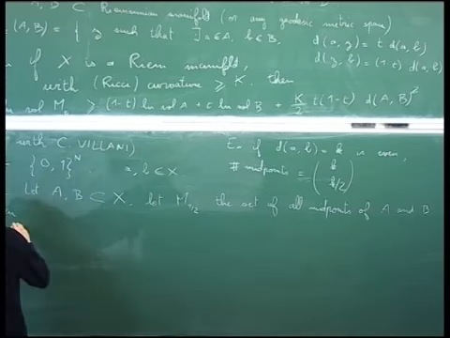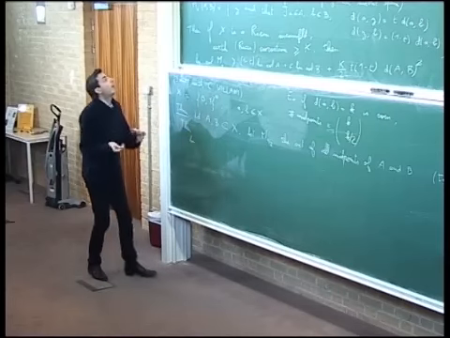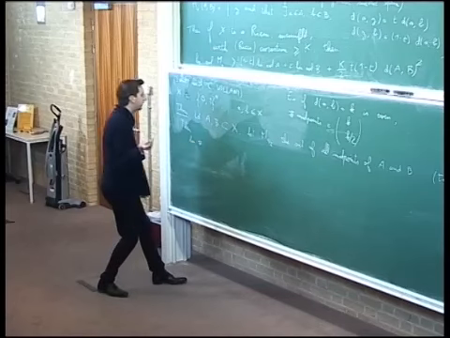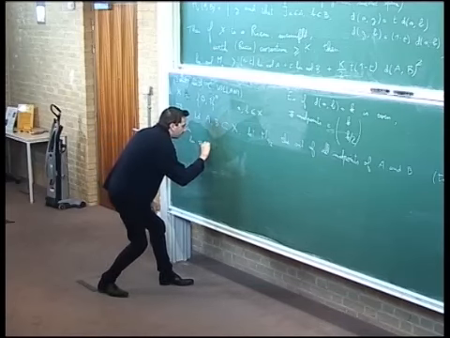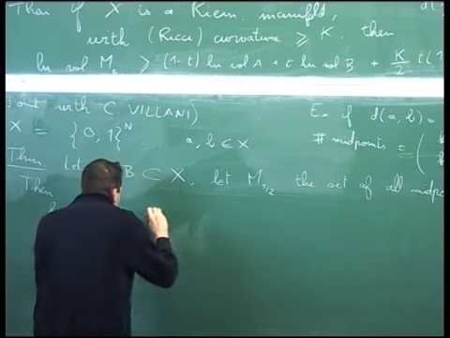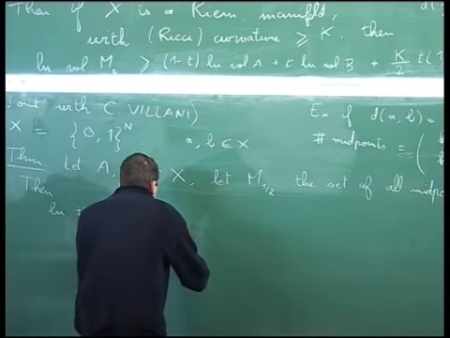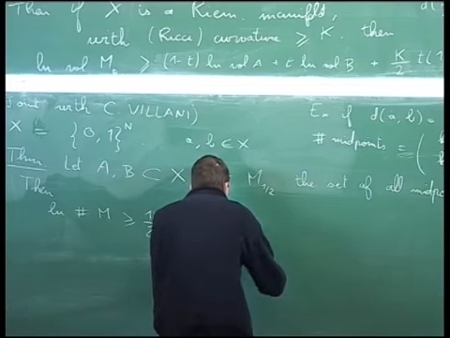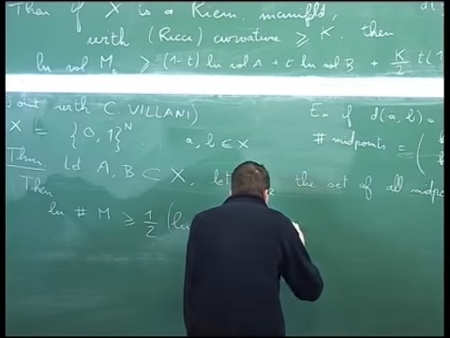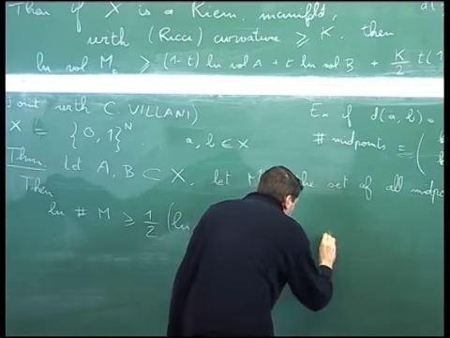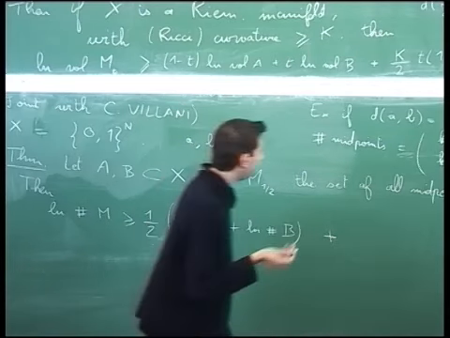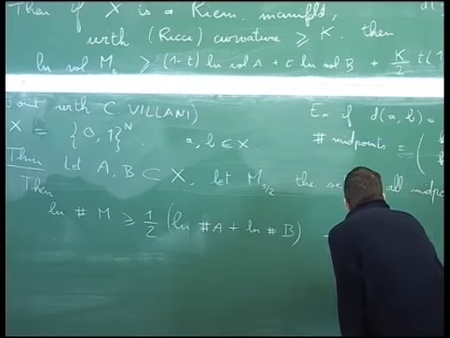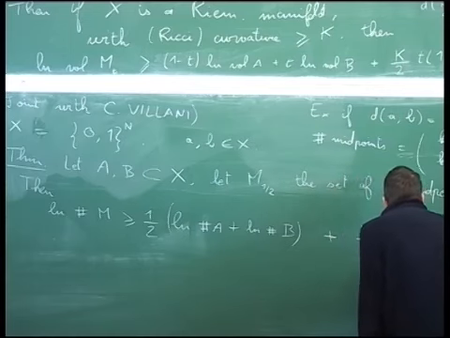The volume here is just the cardinality. So the logarithm of the size of M is at least 1/2 the logarithm of the size of A plus the same for B, plus K over 8 d(A,B) squared.